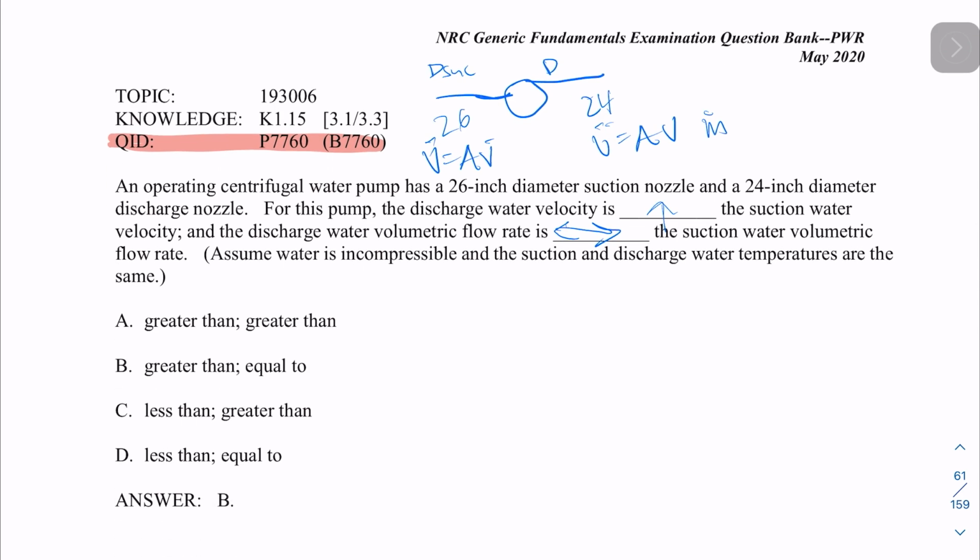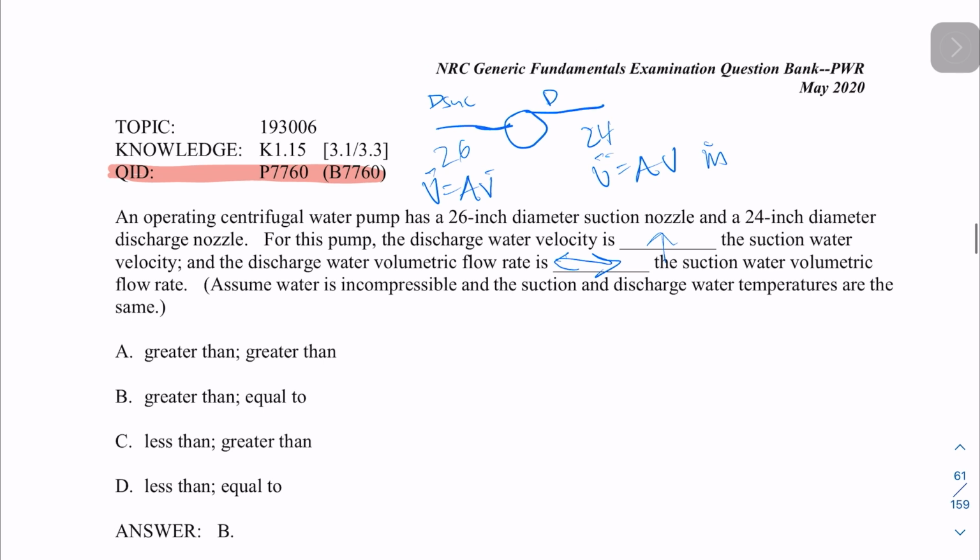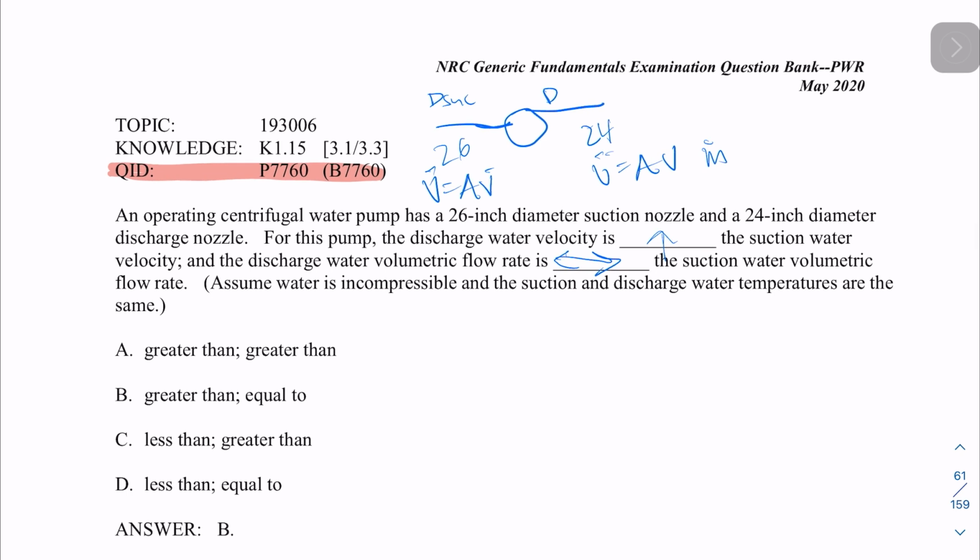And then this one is about the volumetric flow rate in a nozzle and how it's being affected. We already saw information related to that. So I think we are good to go to solve the rest of them if we want to. But this is basically all the questions that we will look at on the GFEs for the fluid statics and dynamics, section 193006.